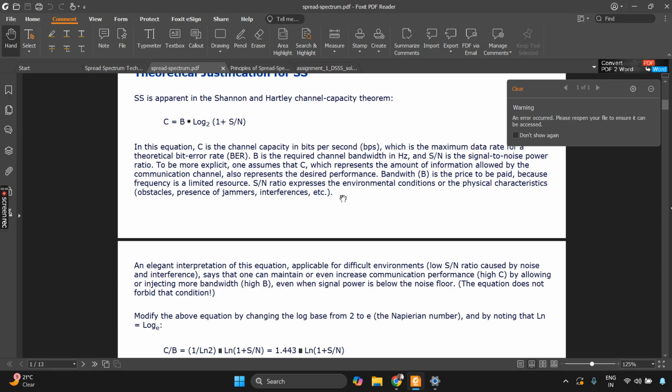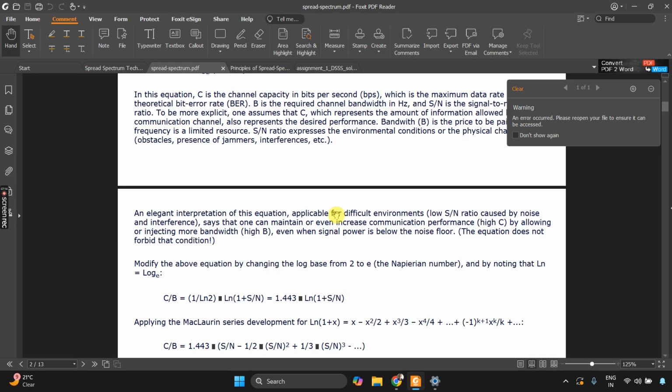To be more explicit, one assumes that C represents the amount of information allowed by the communication channel. Also, bandwidth is the price to be paid because frequency is a limited resource.